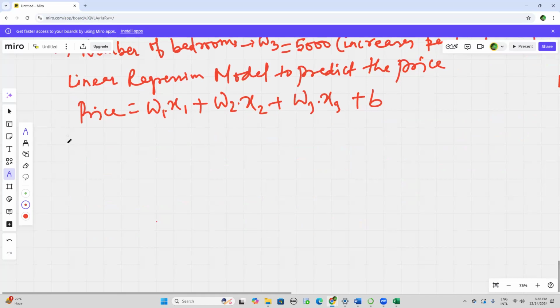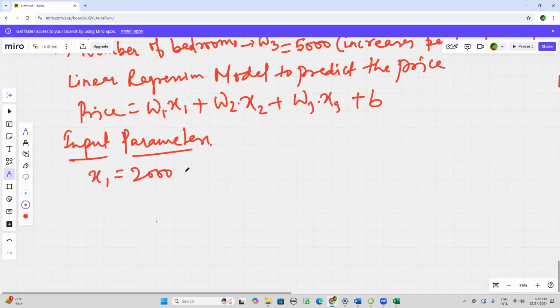Suppose the input features, or I can say the input parameters. Suppose I went to buy a flat and the X1 value is, let's say, 2000 square feet. The builder told us they are charging for 2000 square feet.